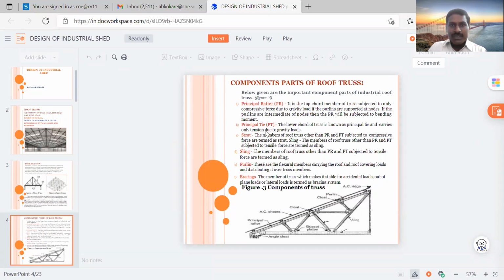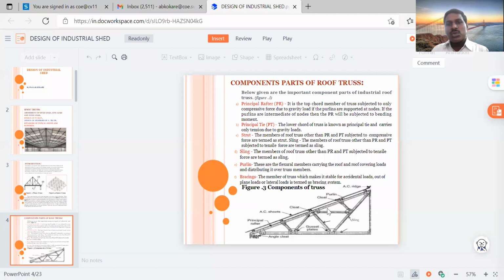Now the next is the principal tie. If you see the bottom chord, what is the principal tie? The principal tie, we can call as a tie member also, in the roof truss. So what is the principal tie?